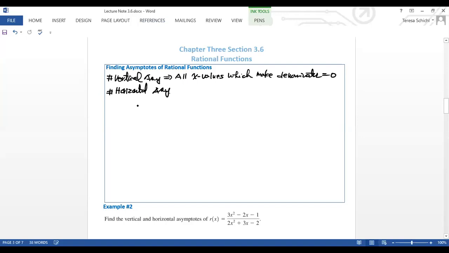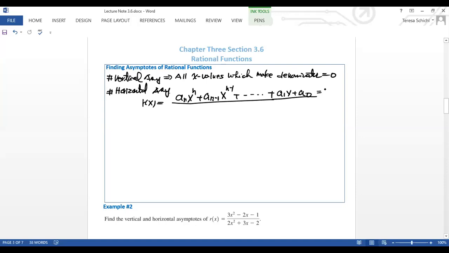Okay, so for the horizontal asymptote, you need to remember this. This is R(x), a rational function, a ratio of polynomials. Let's say the top polynomial is a_n x^n + a_(n-1) x^(n-1) + ... + a_1 x + a_0.